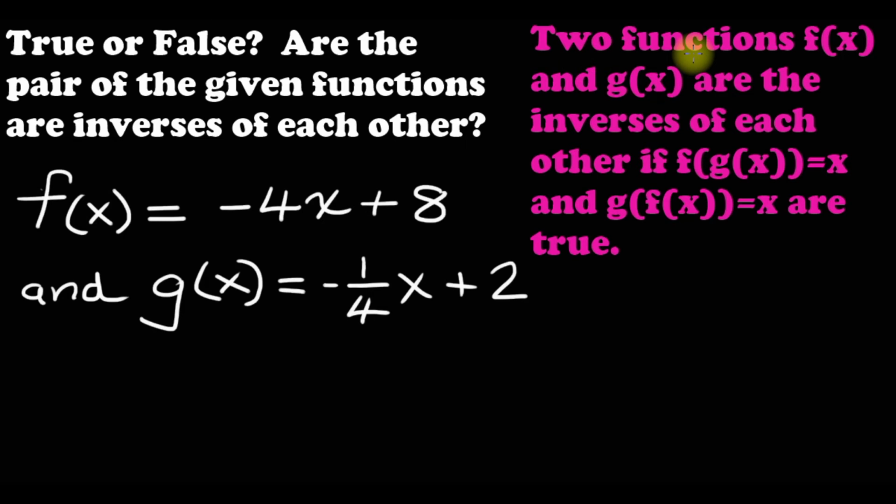Two functions, f of x and g of x, are inverses of each other if f of g of x comes out to x, and then you have to show g of f of x also comes out to x. These two functions are inverses if and only if this is true.